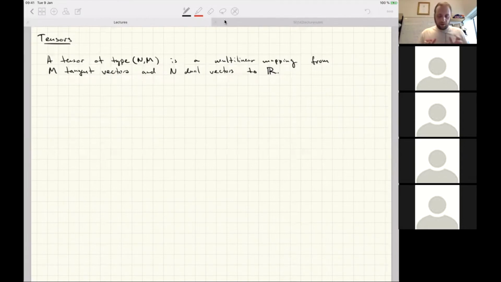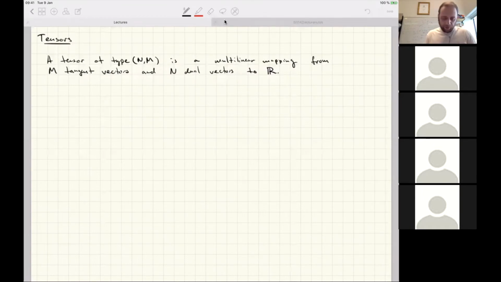Now, multilinear, what does it mean? In general, a tensor of type N M is going to have N plus M arguments, and N of those arguments are going to be dual vectors, and M of those arguments are going to be tangent vectors.